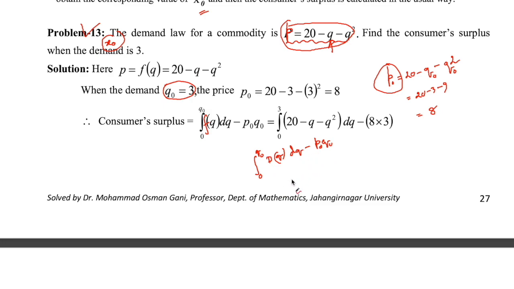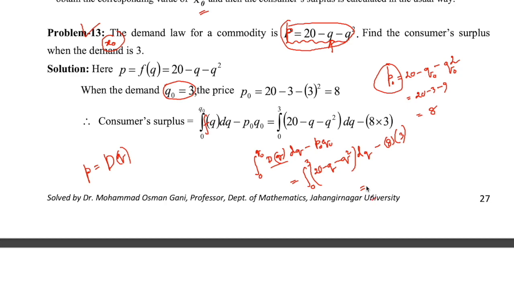So now if you put q0, which is 3, and the demand function p, which is a function of q, that is 20 minus q minus q square, dq, minus p0, which is 8, times q0, which is 3.